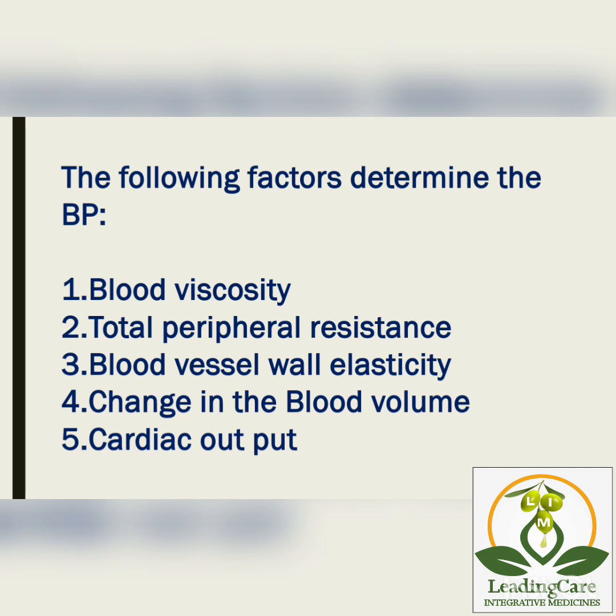On the flip side are the determinants of hypotension, low blood pressure: low blood viscosity, a very low TPR, elastic blood vessel walls, low blood volume and low cardiac output.